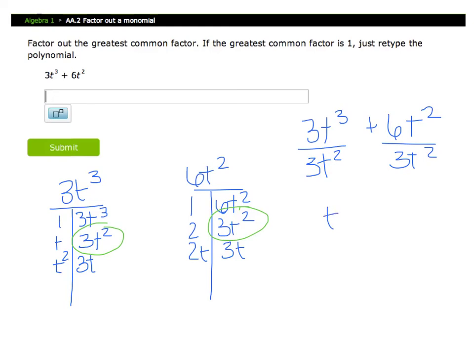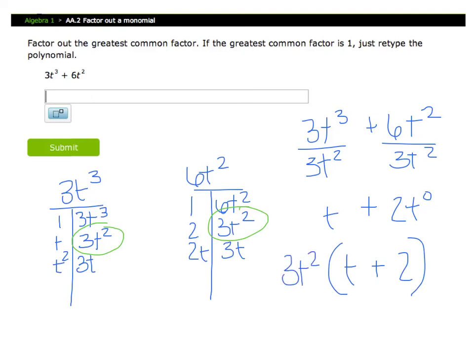And then for 6t squared divided by 3t squared, 6 divided by 3 is 2. And then 2 minus 2, this becomes t to the 0 power. And anything to the 0 power you guys know is 1. So we are left with t plus 2. 2 times 1 is 2. And then again on the outside we have to put our 3t squared.